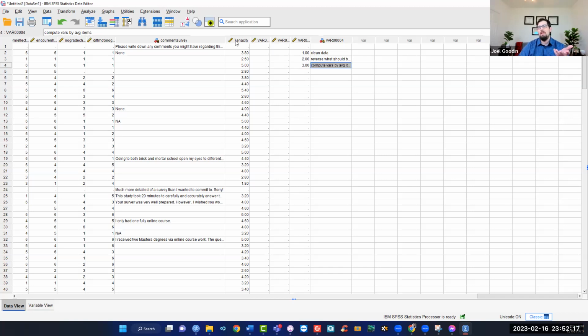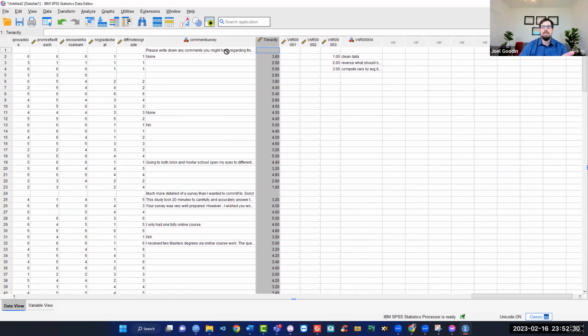And then if we really wanted to, I would leave this here if it were actually useful, and leave all the variables way over here. We could move it right next to where the tenacity items were. It just depends on how you want to organize your data set. But you've got a lot of work to do to clean all this.